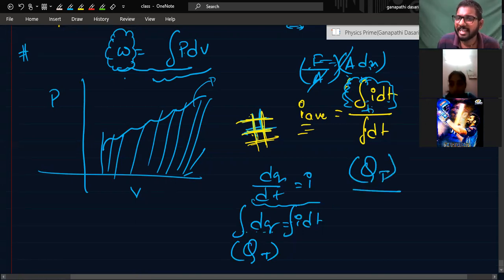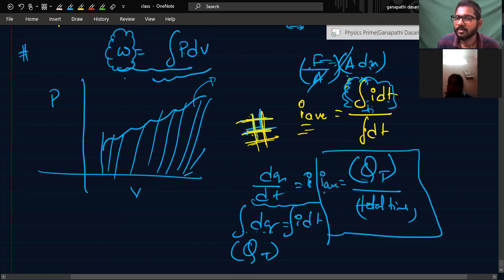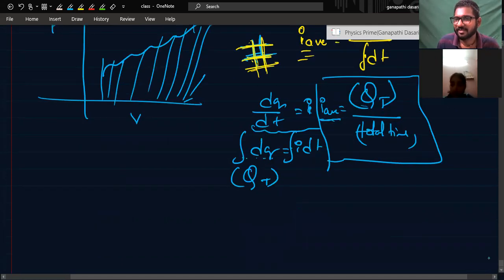Integral dt means every small dt time if integrated, what will we get? Total time. Total charge by total time is what? Q by T, total charge by I average. In a similar way, integral v dt divided by integral dt is what?